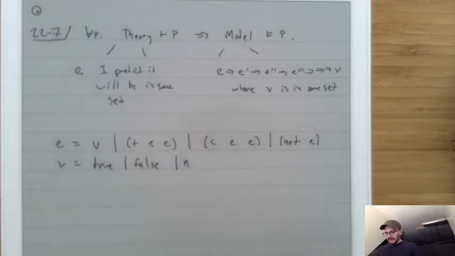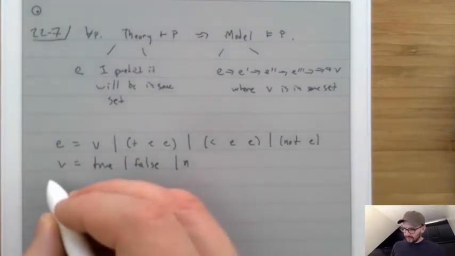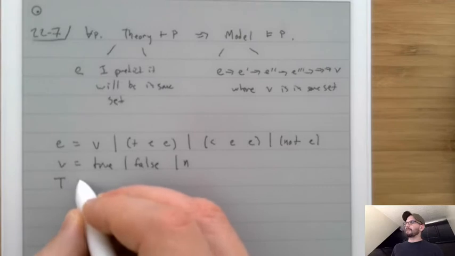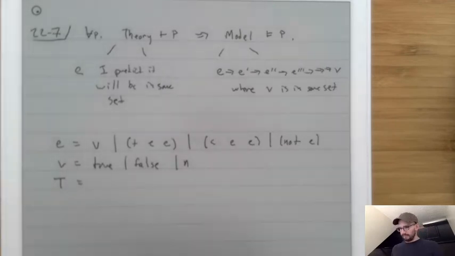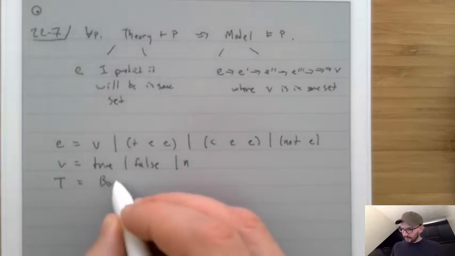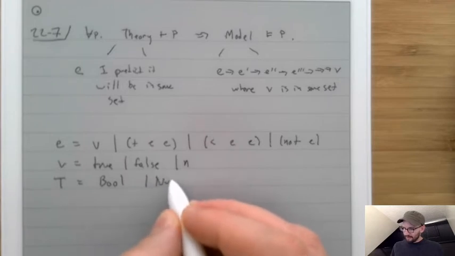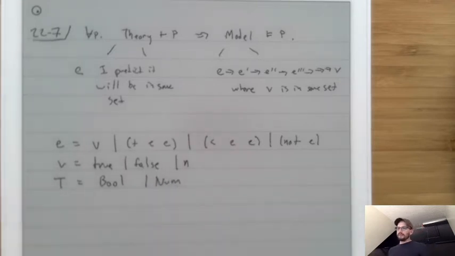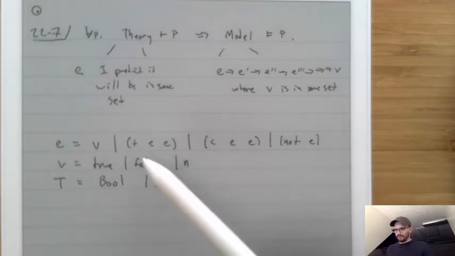All right. Now, what are these sets that we're predicting it's going to be in? These sets are called types, and we write them down with a capital T. So the types are going to be the type bool and the type number. Now what we need to do is write down what the real rules are. Okay, so I imagine that you can figure out what the rules are.